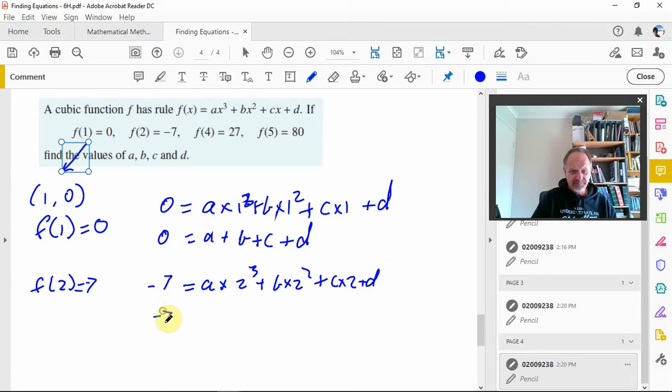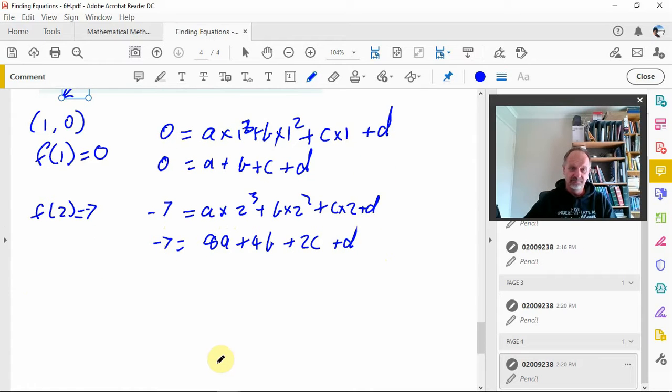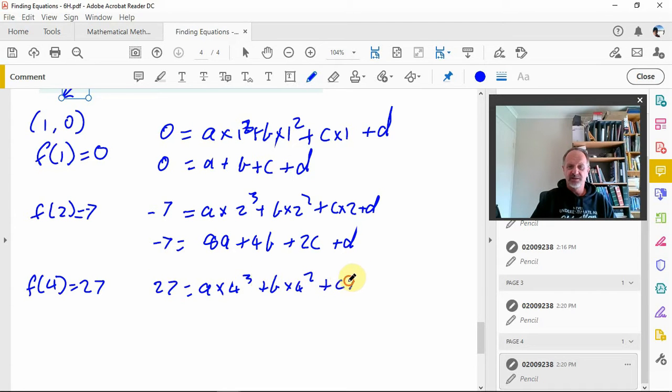So -7 equals 8a plus 4b plus 2c plus d. All right, 4 and 27. So f of 4 equals 27. So 27 equals a times 4 cubed plus b times 4 squared plus c times 4 plus d.